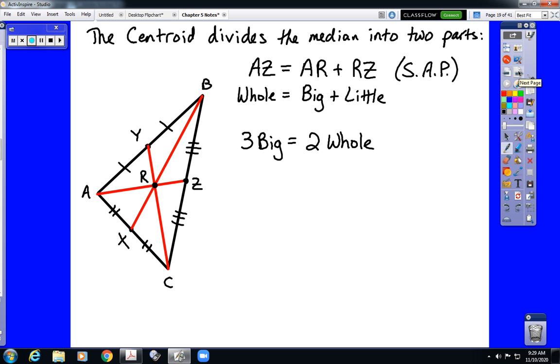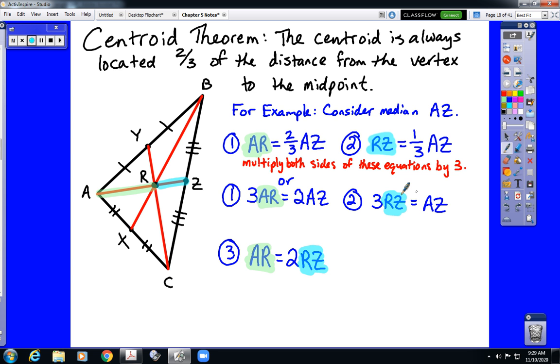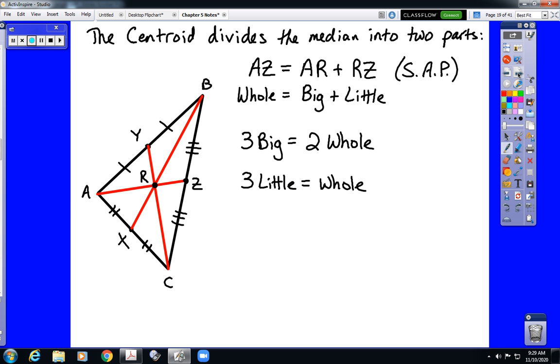We also have the relationship that 3 times the little piece is equal to the entire length. That is the second relationship. And then the final relationship is that the big piece is equal to 2 times the little piece.